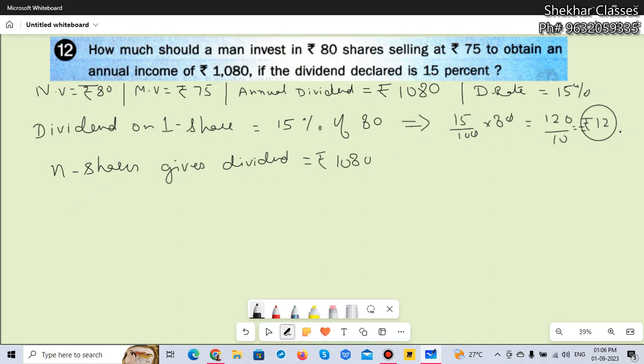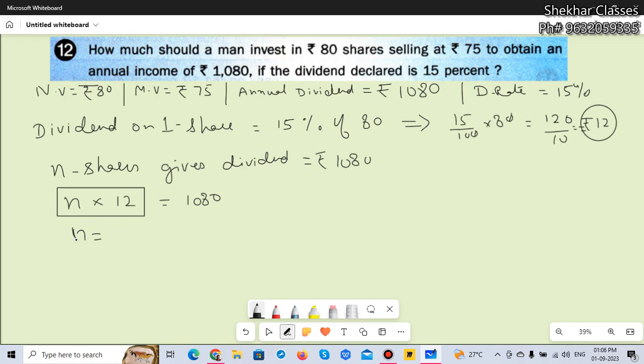So one share gives this much, n shares will give this much. So n into the dividend on one share should equal 1080. One share gives this much, n shares will give this entire amount as a dividend.